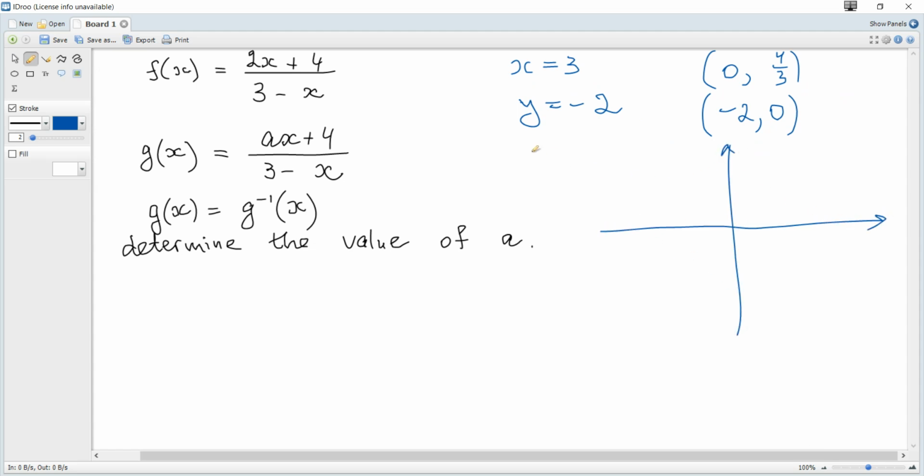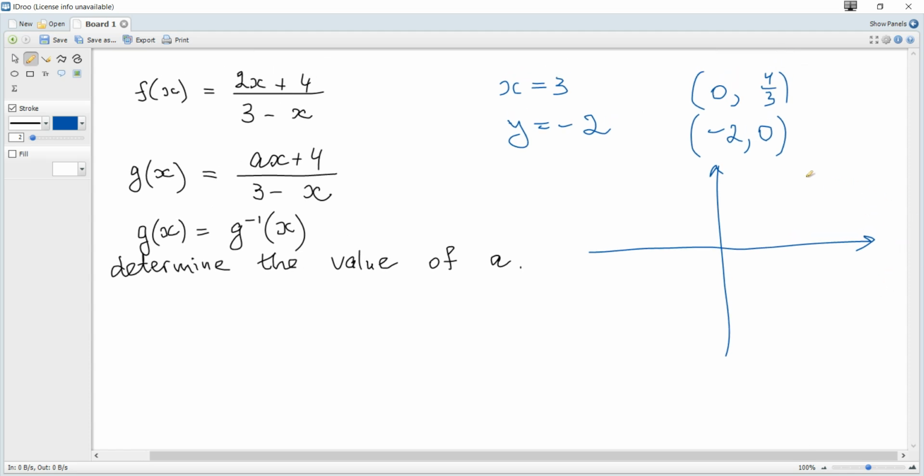Such rational functions usually look like a hyperbola. So x is 3 vertical asymptote, y is negative 2 horizontal, and the points negative 2, 0, and 0, 4 over 3.